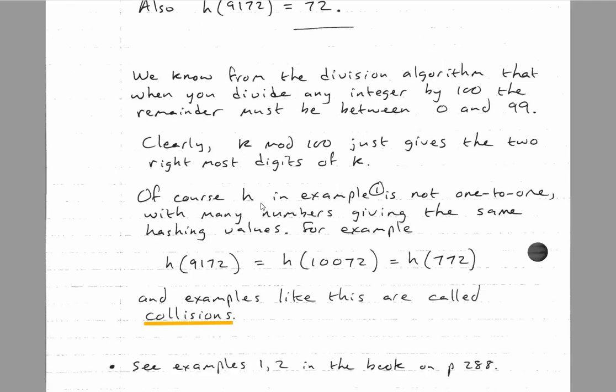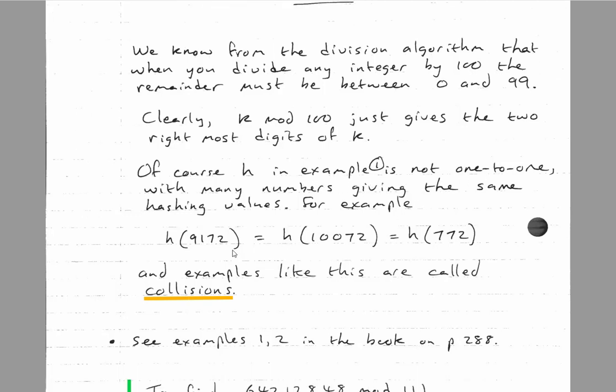Also, this function h, it's not one-to-one. So there are lots of numbers that have the hashing value 72. So any number whose last two digits are 72 is going to have hashing value 72.